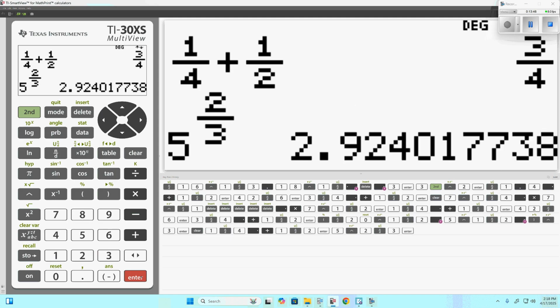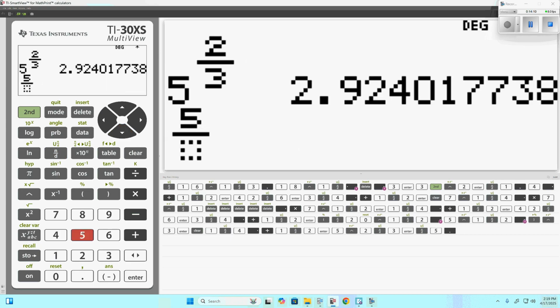Five to the 2/3 is an irrational number, because we're trying to find out what times itself 3 times is 5, and then take whatever that number is and square. Or we could square 25, what times itself 3 times is 25, still an irrational number. So we get this here, yes?